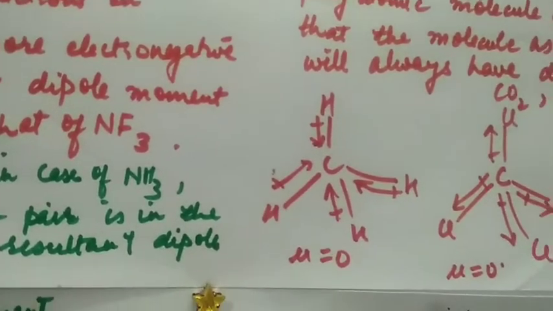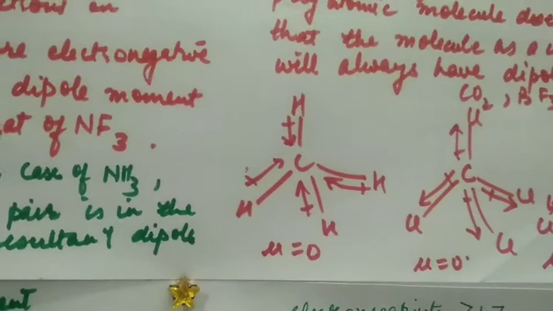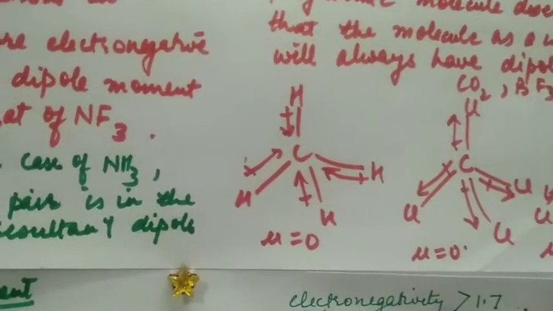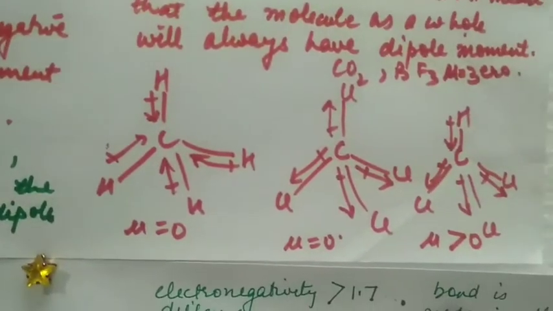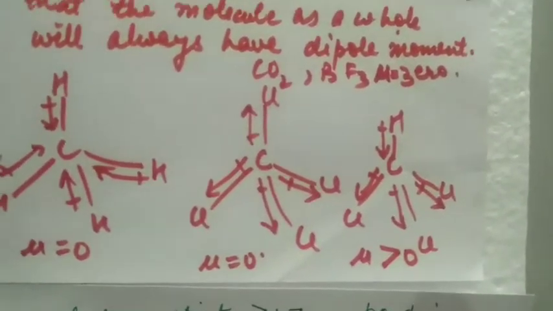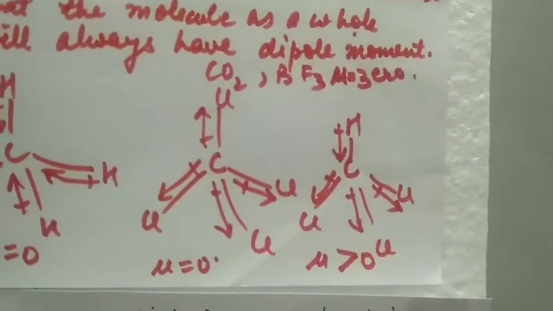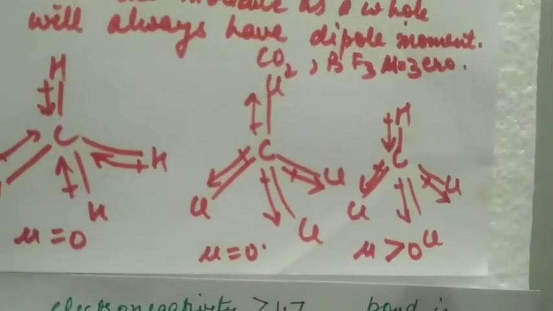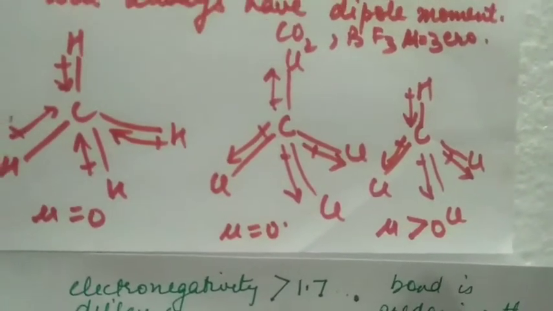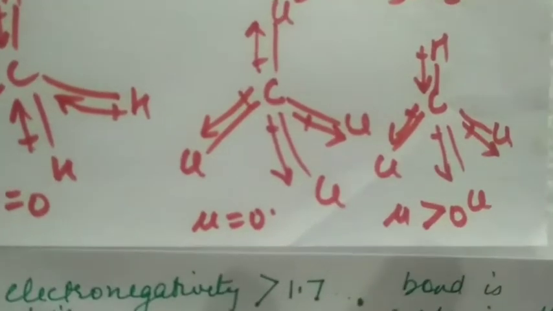Their vectors add in such a way that they cancel each other and the net dipole moment is 0. Same is the case in carbon tetrachloride. But in chloroform, where there is one carbon-hydrogen bond and three carbon-chlorine bonds, there is some net dipole moment, and as a result the dipole moment is greater than 0. It is polar in nature.